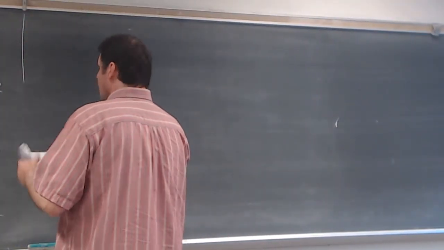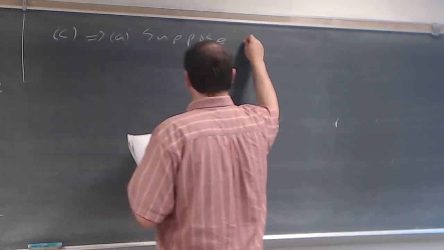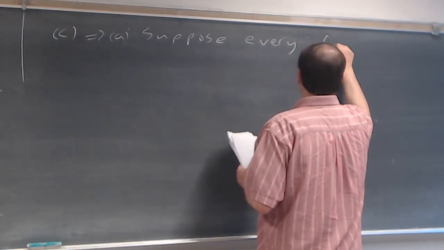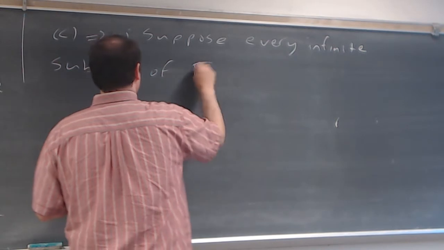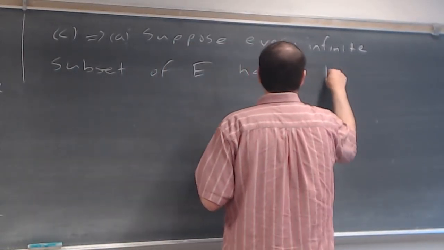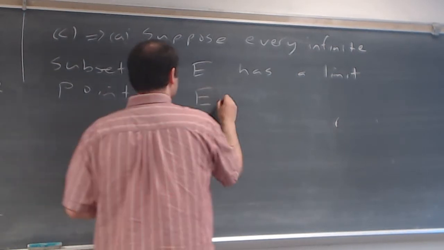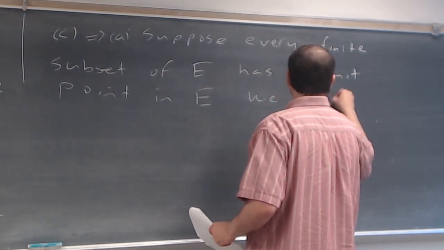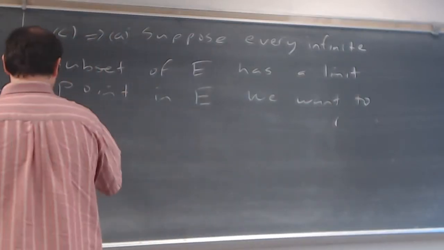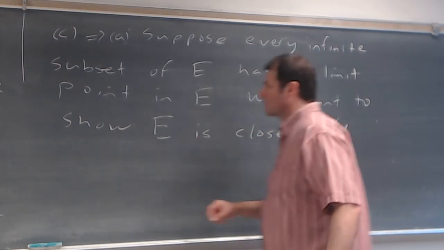Okay, here's the way it goes. So for C to imply A, what we're assuming is, suppose every infinite subset of E has a limit point in E. We want to show E is closed and bounded.